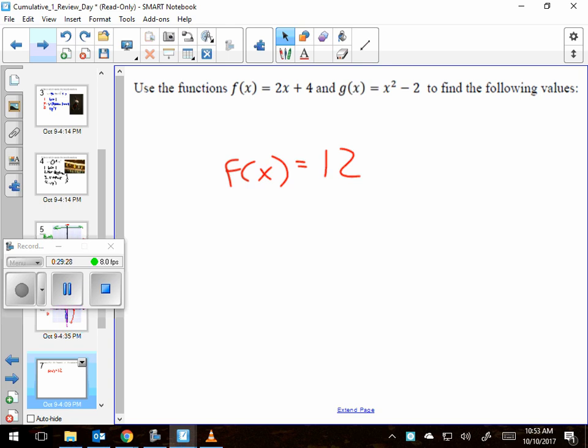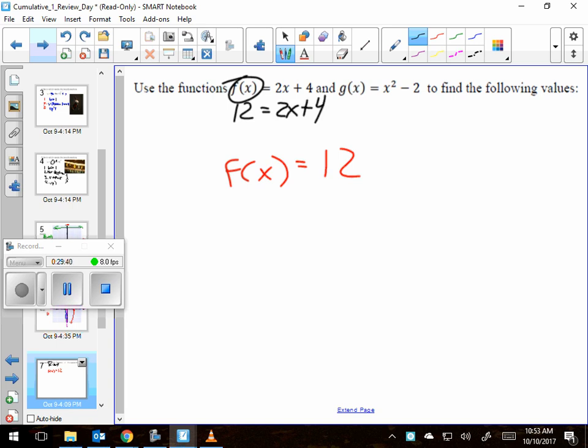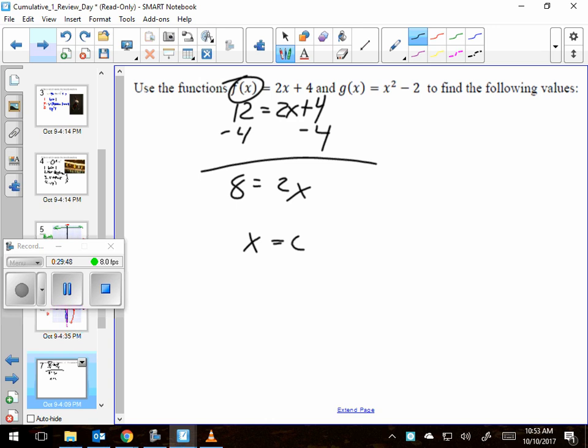What'd you do? Perfect, because that f of x is 12, so you just make that 12. Nice job. And now what's the first step in solving it? I have 8 equals 2x. Final answer, x equals 4. Raise your hand if you had that one right. Okay, cool. All right, I think you're good enough at those.